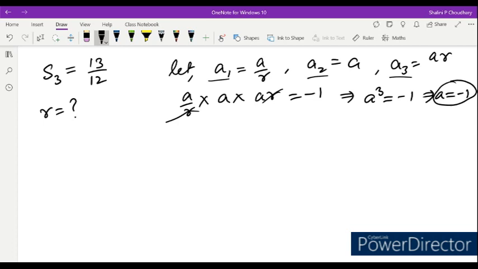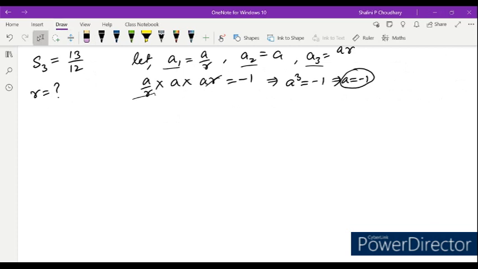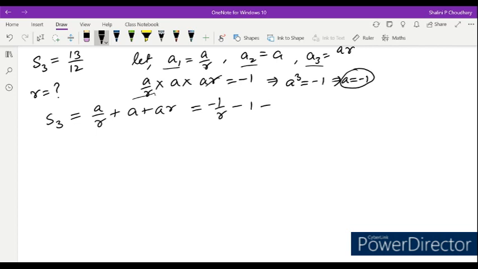Basically, the sum S3 means A1 plus A2 plus A3, that is A upon R plus A plus AR. Now we'll put the values. It will be -1 upon R, -1, minus R, and this is 13 upon 12.